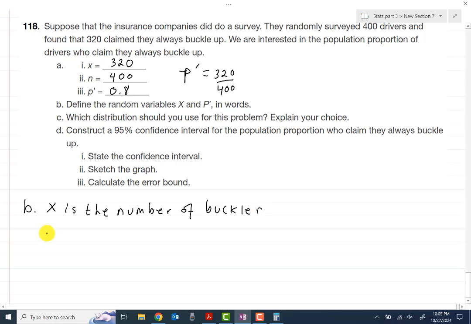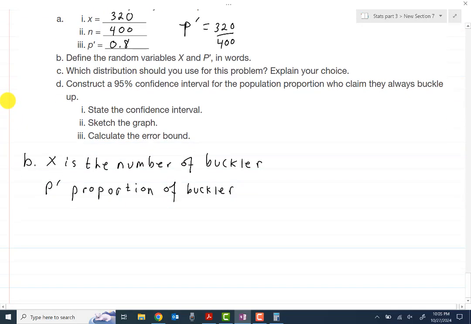P prime is the proportion of bucklers. Probably I should say the proportion of the population who buckle up. Which distribution should you use for this problem? Well, P prime is approximately normally distributed, and as n gets larger, it will become even more normally distributed.